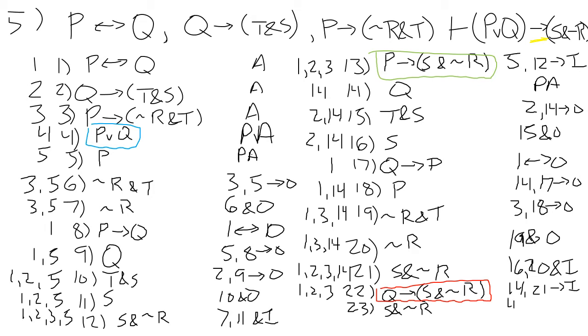This has gotten pretty long. 4, 13, and 22 wedge out. So that's going to be 1, 2, and 3.